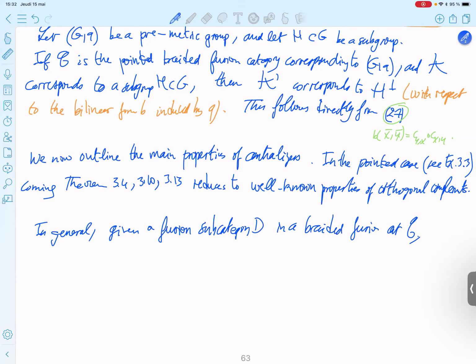So we define an equivalence relation, and we will mention after the definition that it corresponds to the components of C as a D prime module. So, an equivalence relation on the simple objects of C as follows.